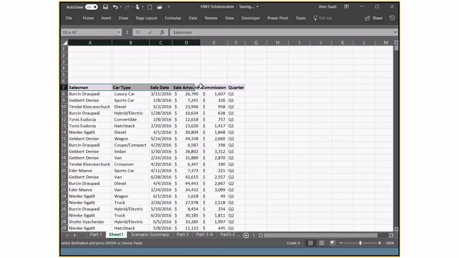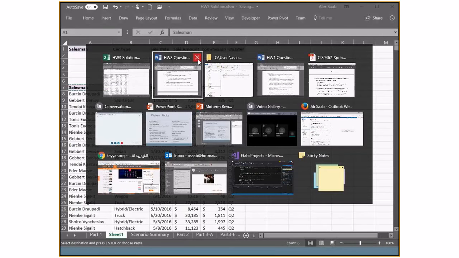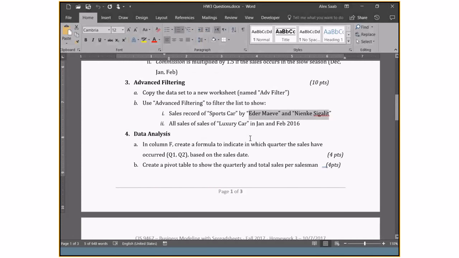So let's start with the first condition. First condition has to be what? You have sports car by these 2, correct?